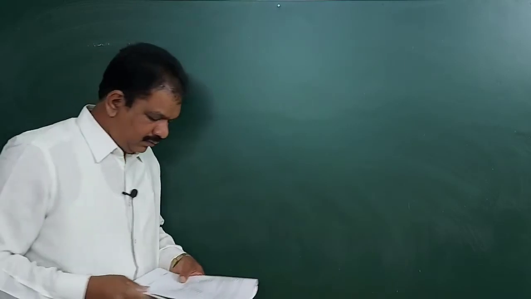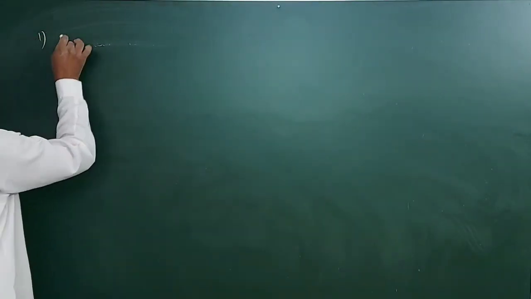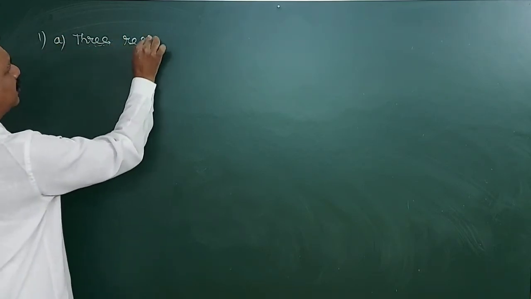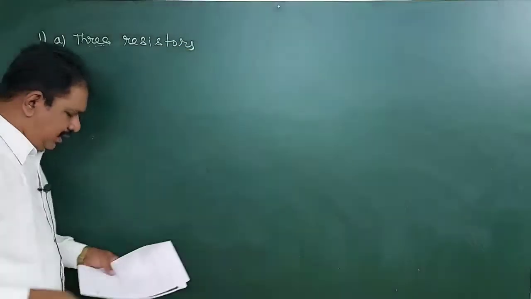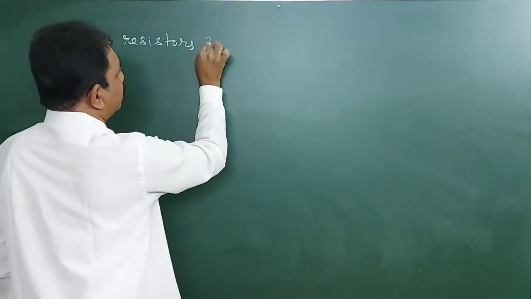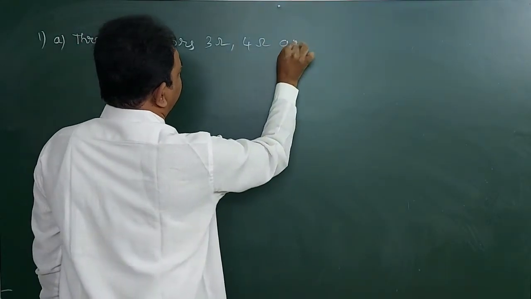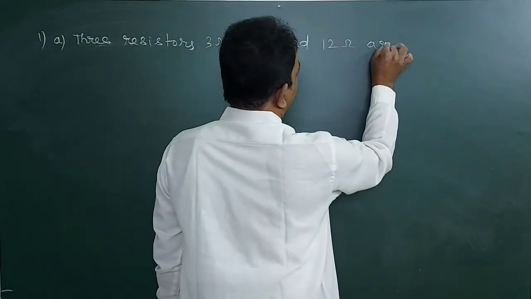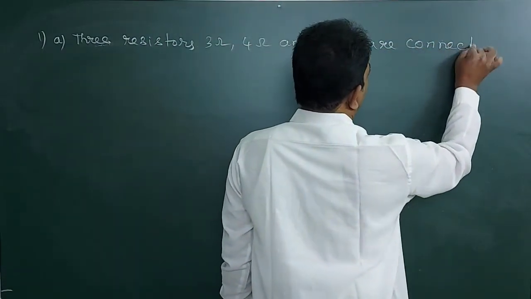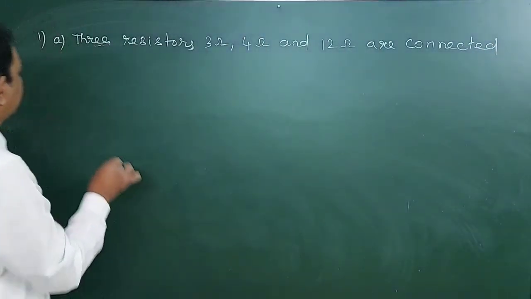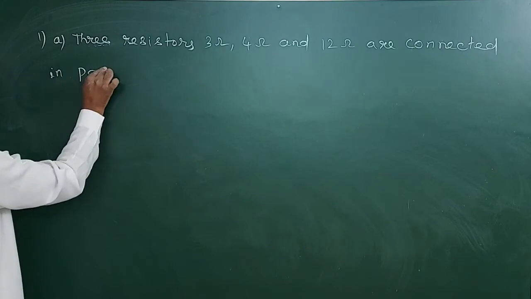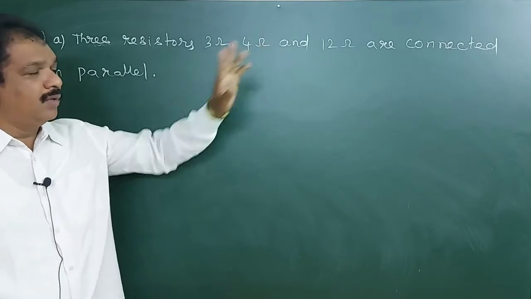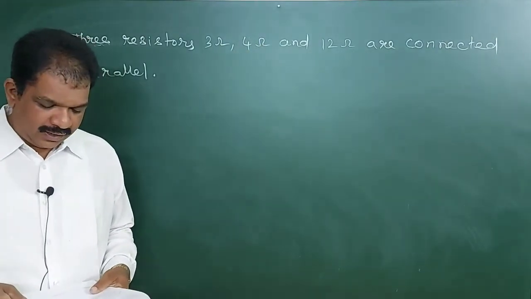Write down: three resistors, 3 ohm, 4 ohm and 12 ohm, are connected in parallel.